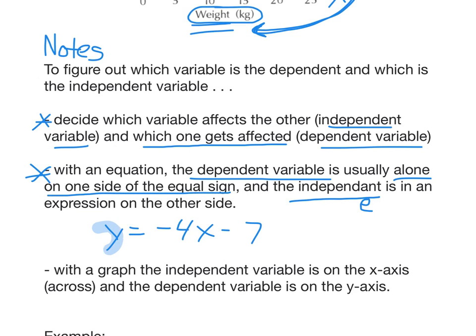So, the y is alone. That means that the y is dependent on what the x is. The x is in an expression on the other side, so the x is independent. Okay? You may have to refer back to these notes a little bit.